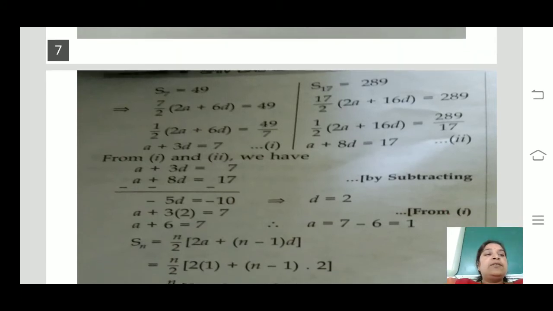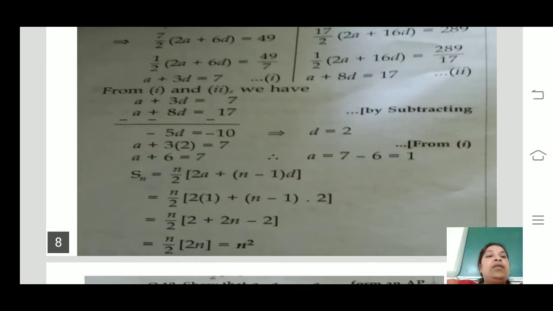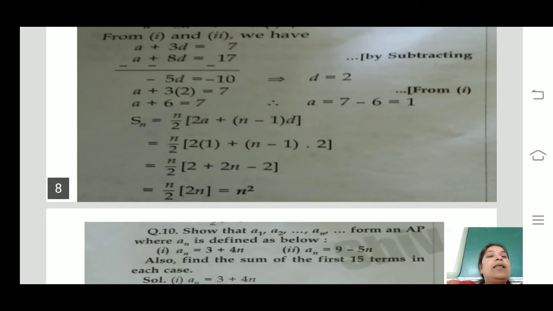Now, combine equation number 1 and 2 both. After simplifying, we have d equals to 2. Now, replacing this value in equation number 1, we get a equals to 1. Now, let us calculate Sn. The formula for Sn is n by 2 in a bracket 2a plus (n minus 1) into d.